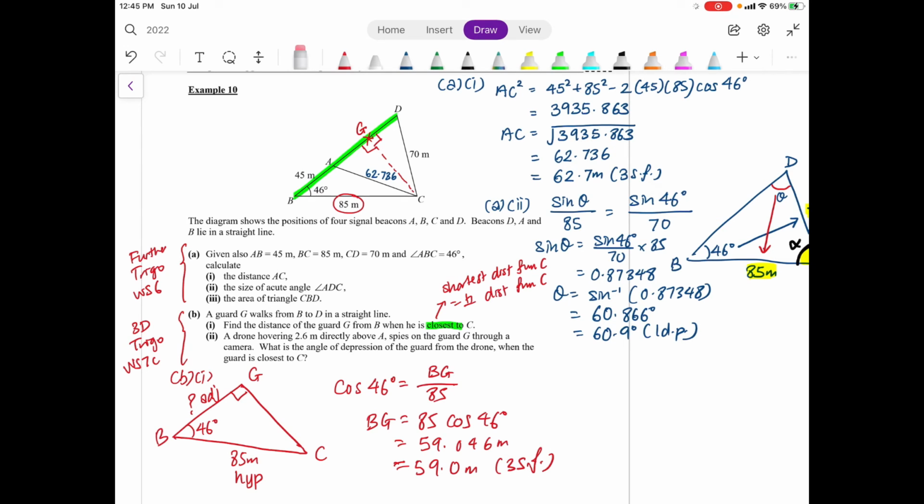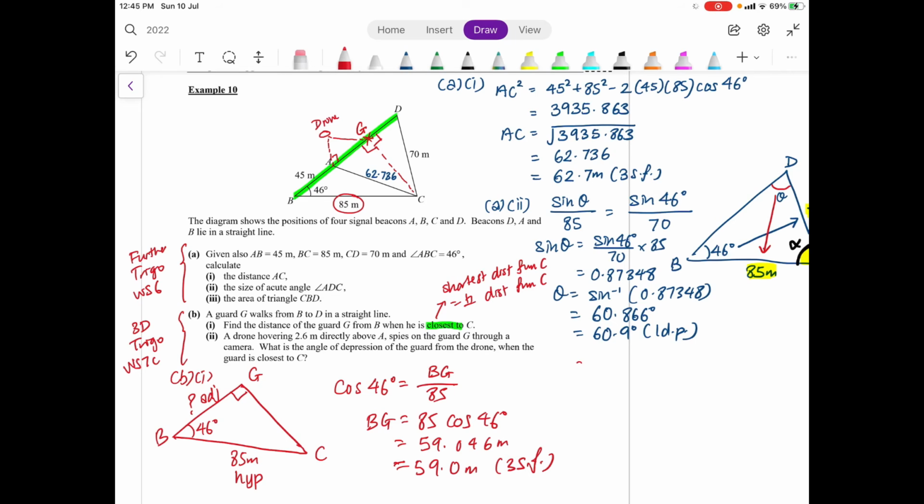So now the idea is there's a drone. How to draw a drone? Okay, a drone is above A. He's looking down at G. The drone to the ground is 90 degree.